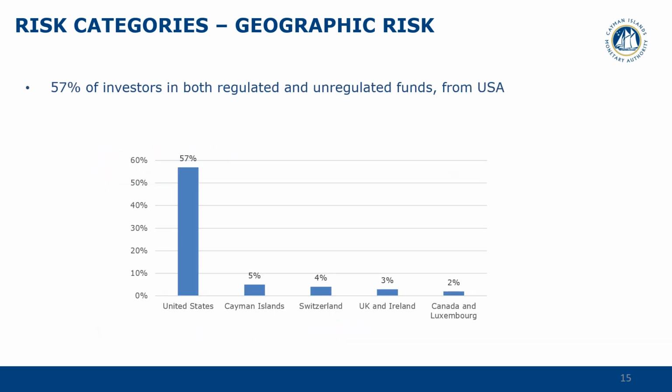So when we looked at the data for regulated and unregulated funds, it was clear that the vast majority, 57%, of investors came from the United States, with the rest of the investors coming from the Cayman Islands, Switzerland, UK and Ireland, Canada and Luxembourg. None of these countries are considered high risk.